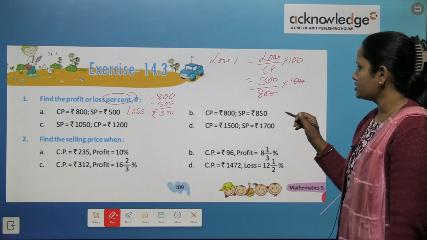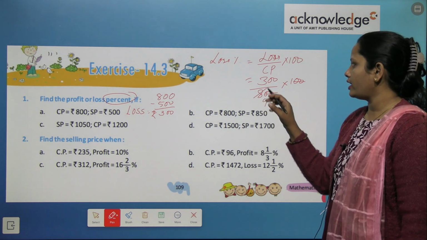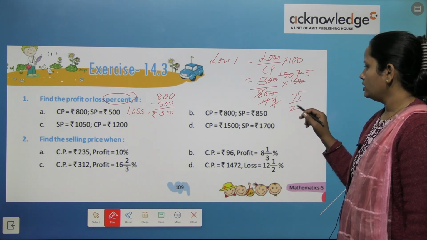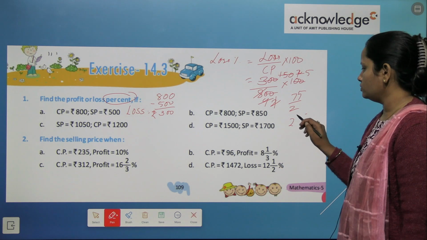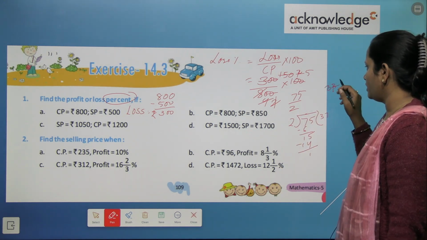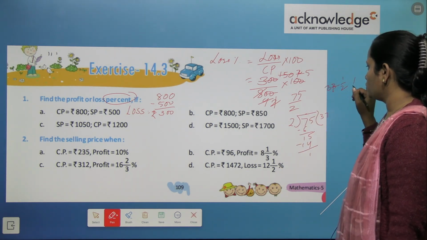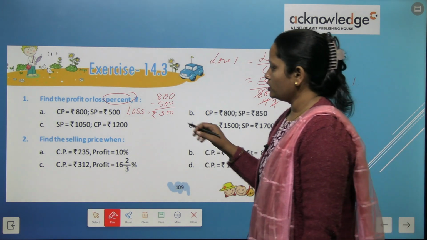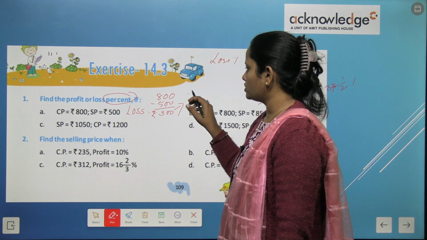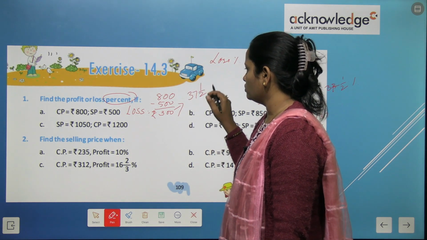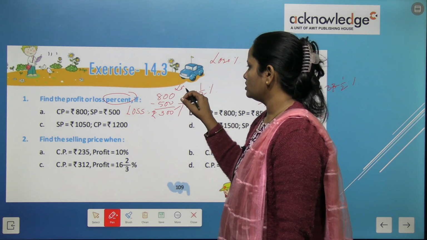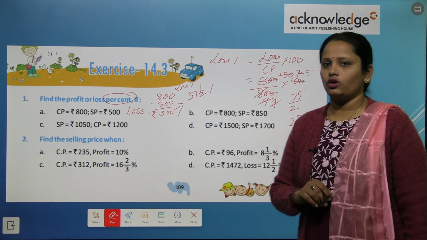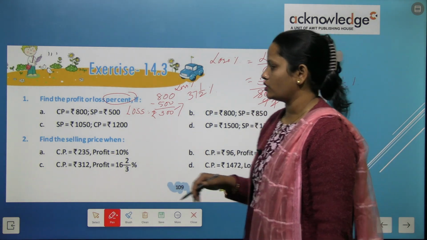Now when we simplify this, the answer will be 75 upon 2. Let's divide it by 2. So it is 37 1/2%. So here the loss percent for this question is 37 1/2%. Similarly, you have to find out the loss or the profit percent for the rest of the questions.